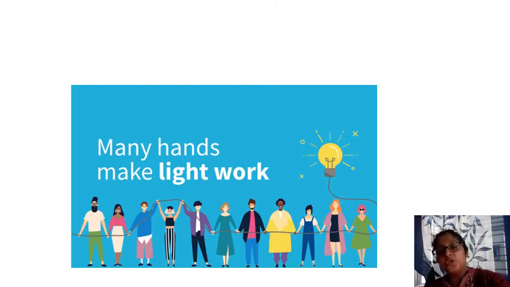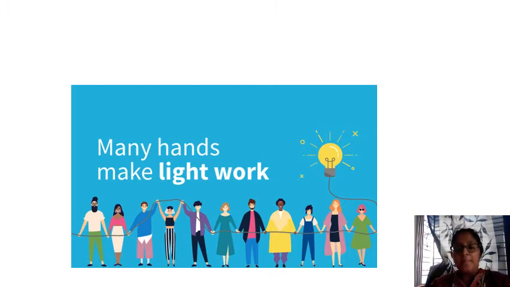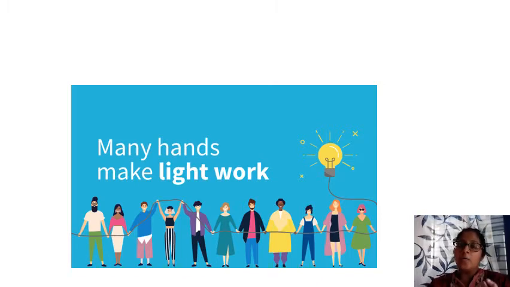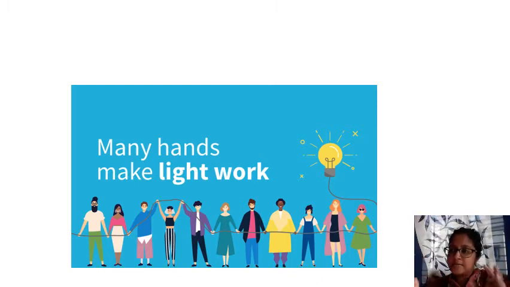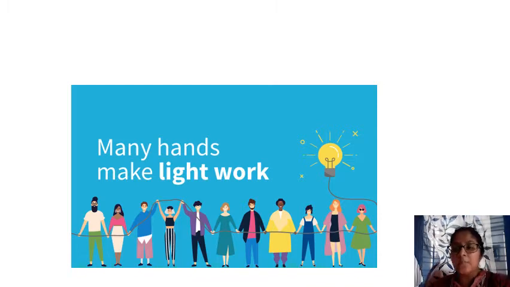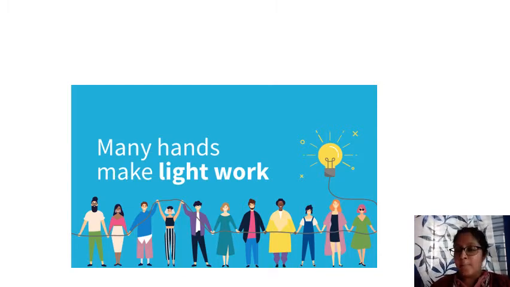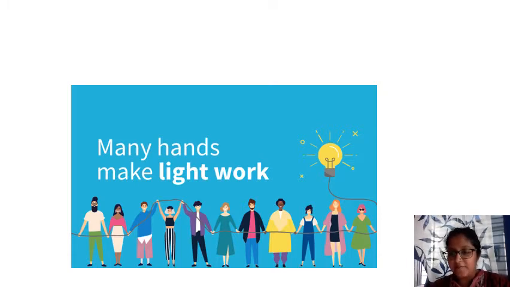So my caption means that all the family members can do some work, and that work can be divided amongst them according to their size and composition. Maybe I have a 5 year old child in my home, so I can't tell a 5 year old child to clean the bed or make the tiffin or make the breakfast, right?